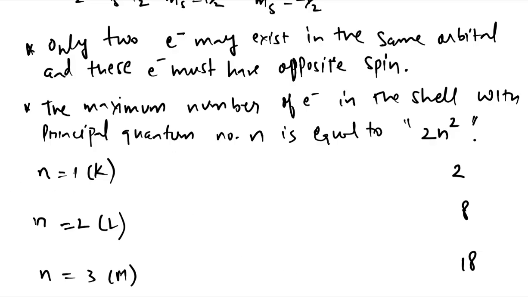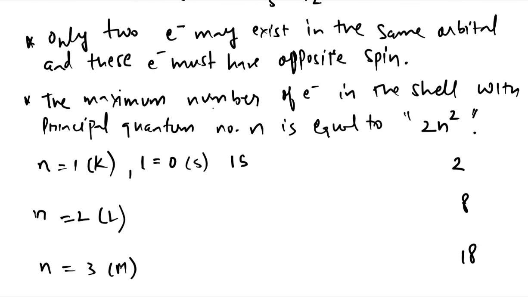For n equals 1, we know that l can have a maximum value of 0, right? That is the s orbital. So the maximum number of electrons that can be present is in 1s, and as per the Pauli exclusion principle that is 2. So the number of electrons is 2, right?